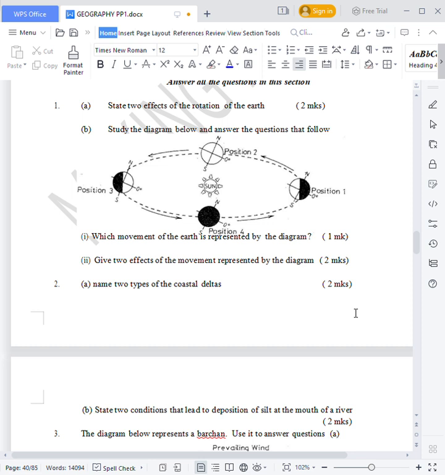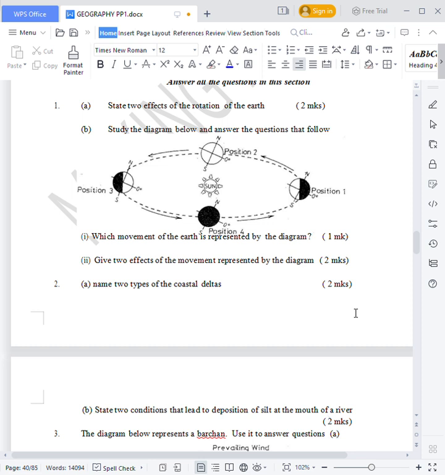Question 2. Name two types of coastal deltas. So the first one, you have Bird's Foot Delta.